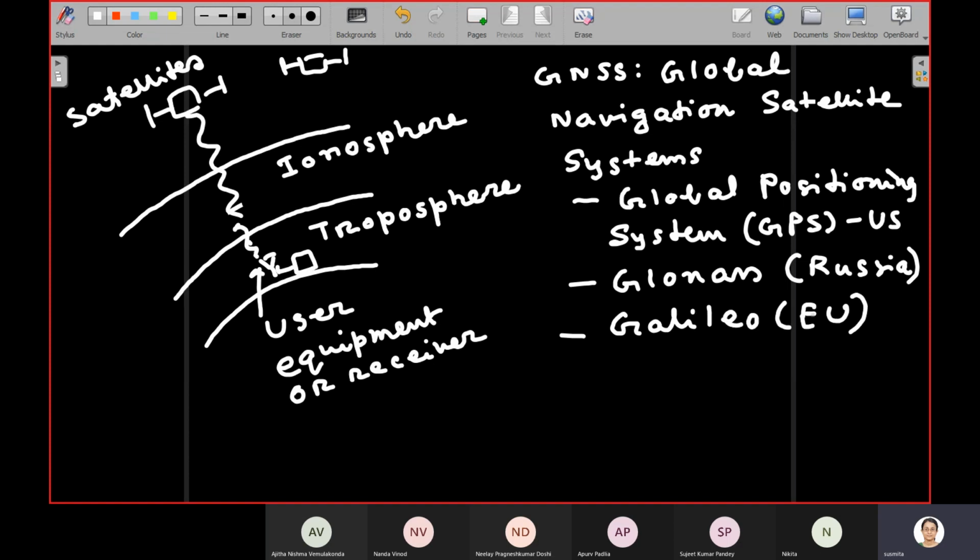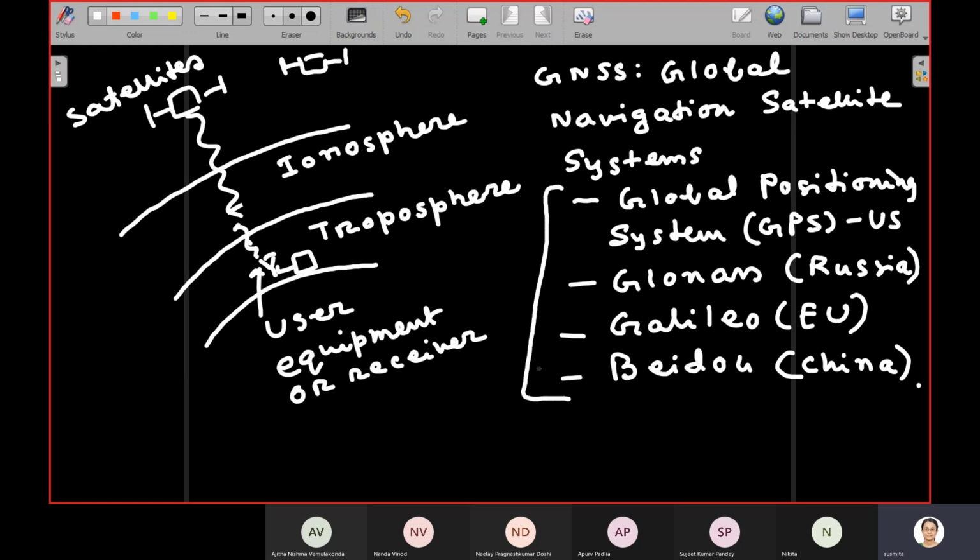China has its own system called Beidou. Okay. So these are 4 global systems. So they have global coverage, meaning anywhere in the world the user can receive signals from these satellites.